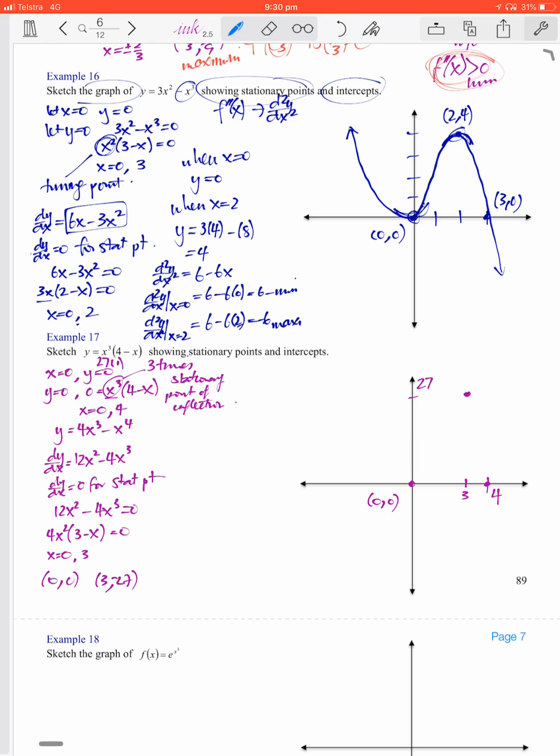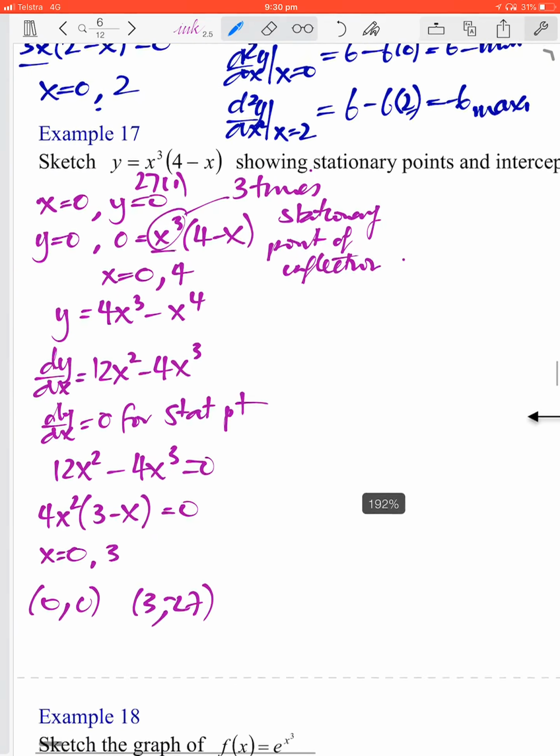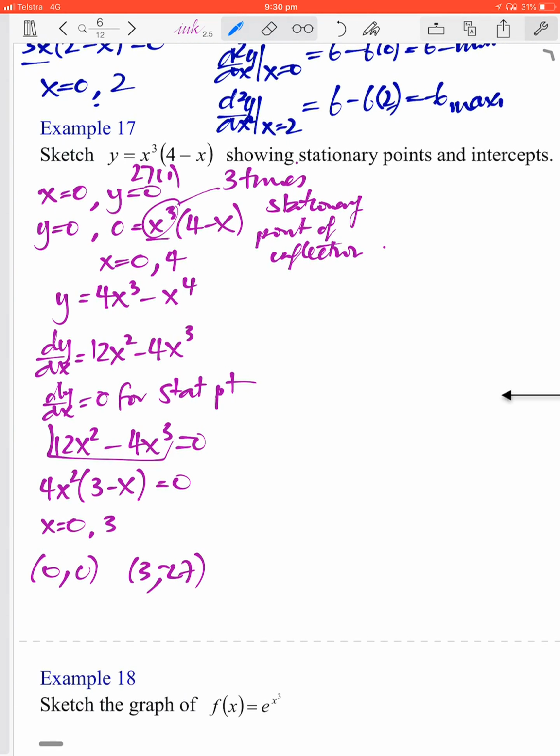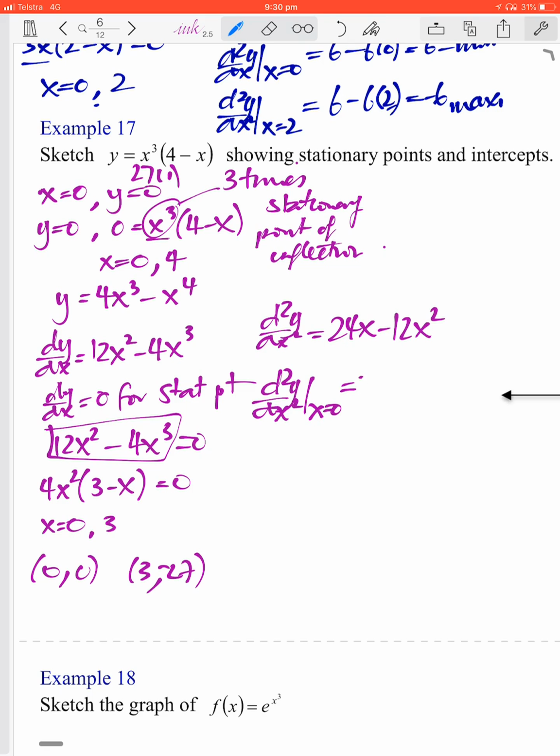Okay, now let's see what the nature of these points is, whether they're maximums, minimums, or points of inflection. So we just got to prove it. So this is dy/dx. So d squared y/dx squared is 24x minus 12x squared. D squared y/dx squared, when x equals 0, is 24 times 0 minus 12 times 0, which is 0.